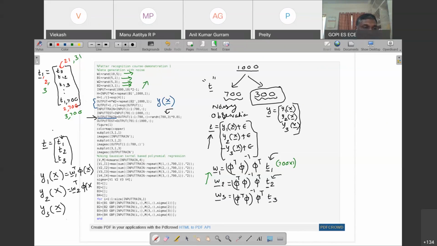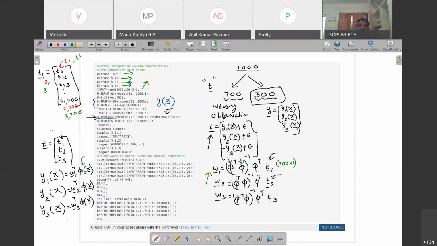And this one is w3 transpose phi of x. So we need to have this basis. And remember that this phi is a matrix. Now here this is going to be that vector, to get that individual 1 cross 1.